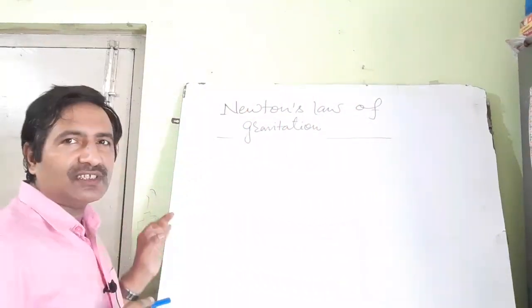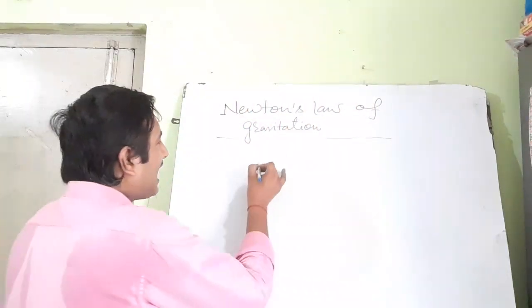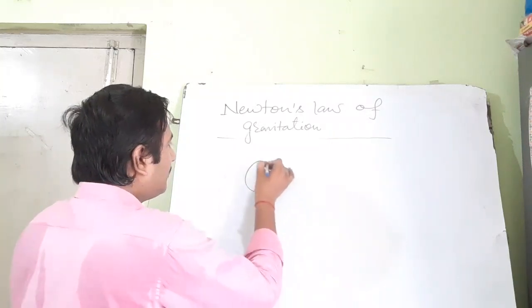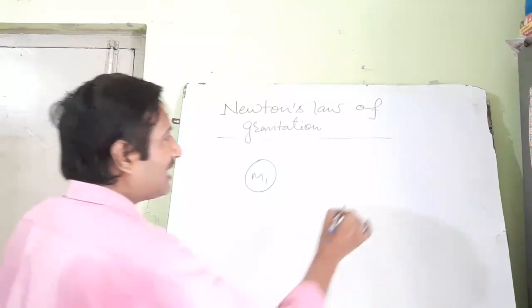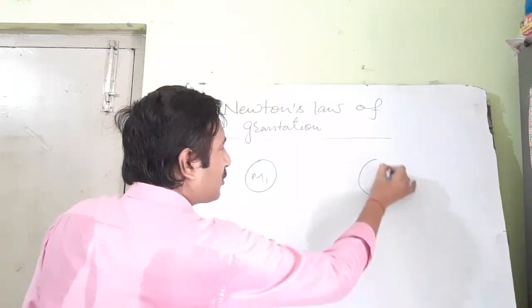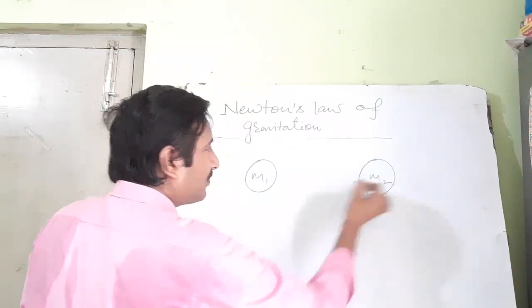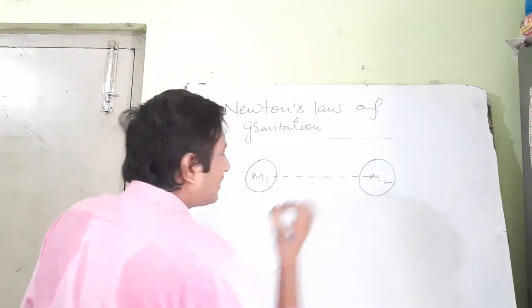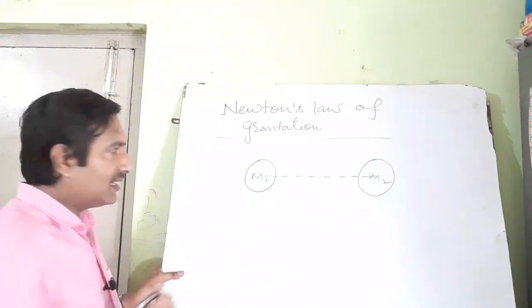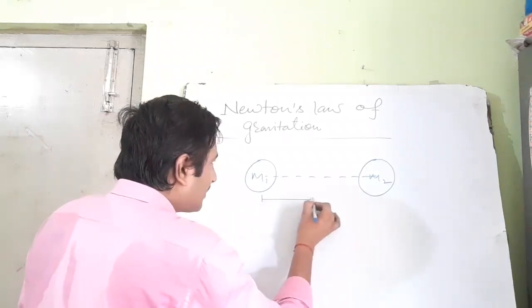On the basis of this statement, suppose you have a body of mass m1 and another body of mass m2. This is the line joining the centers of the two bodies. The distance between them is r.